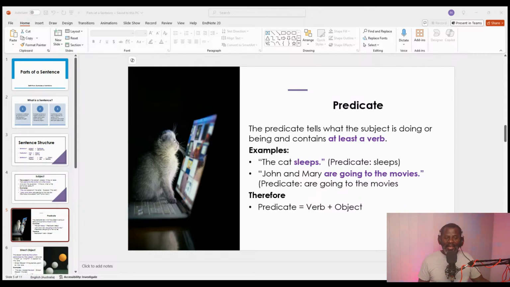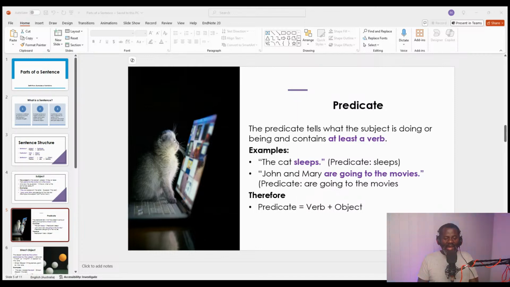The last type of complement is called object complement. As you can tell from the name, object complements give information about objects. Let's look at an example. We made her the leader. Who was made the leader? First, there is we, which is the subject, which performed the action of making.